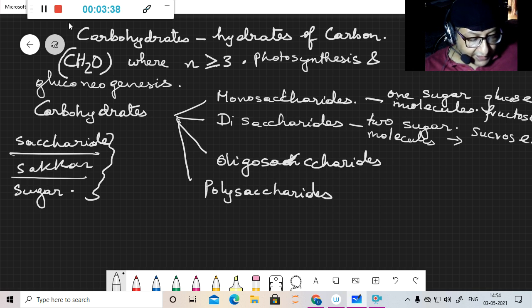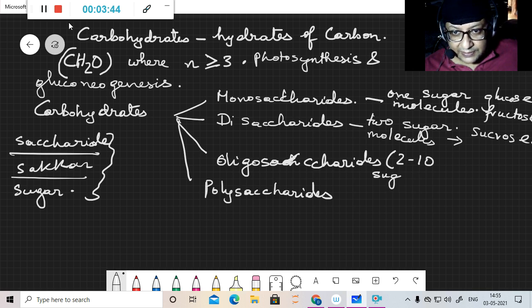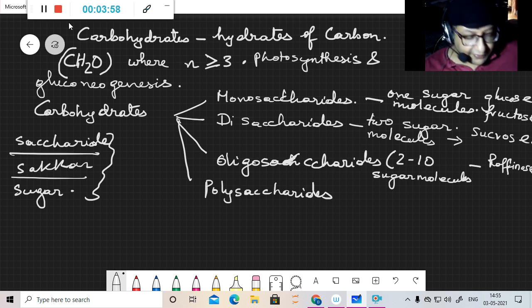Then oligosaccharides, they roughly say they are 2 to 10 sugar molecules. Raffinose is one example, or stachyose.